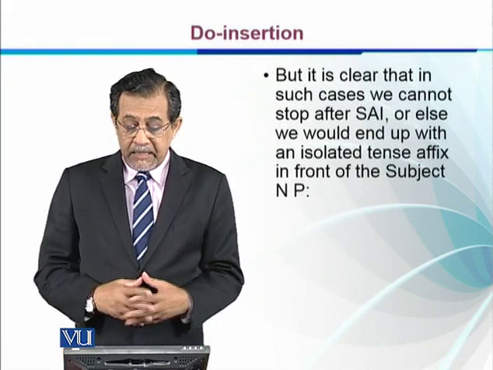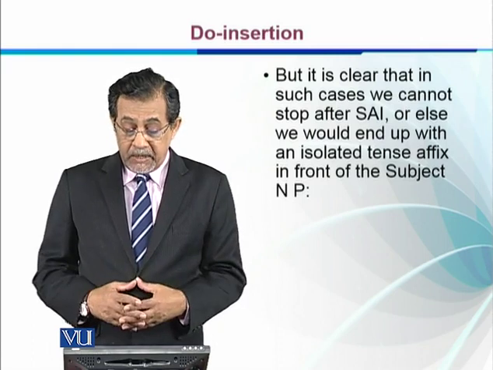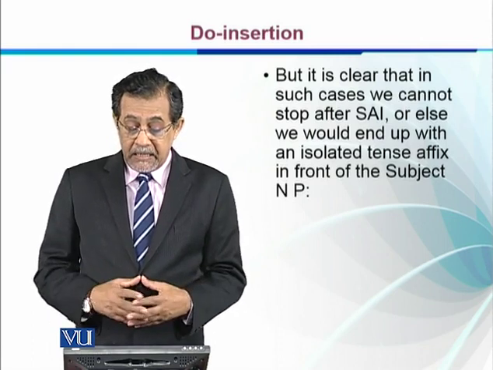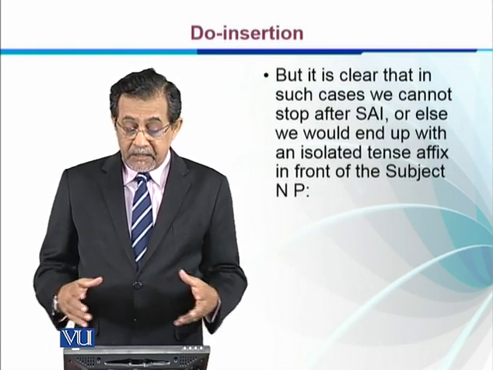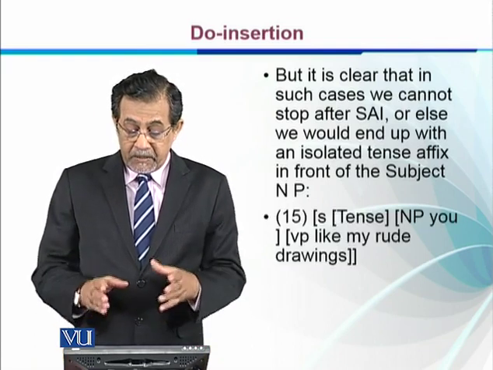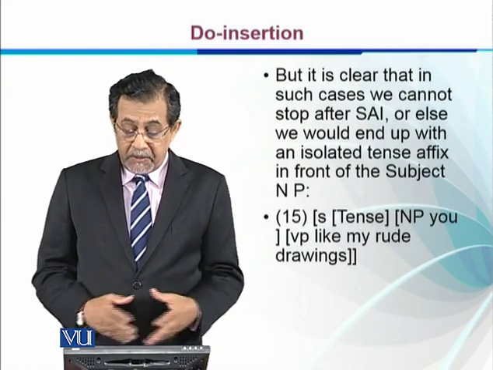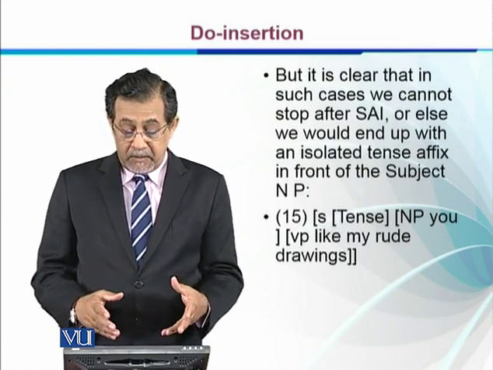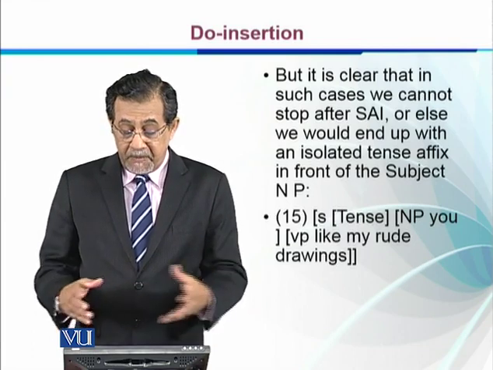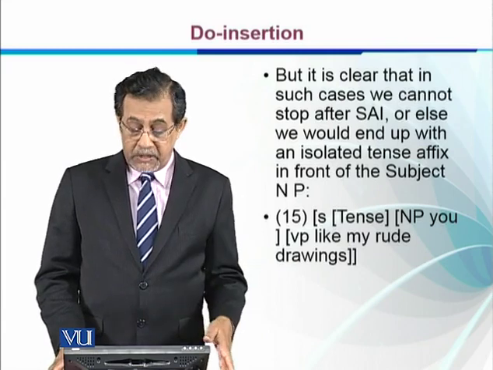But it's clear that in such cases we cannot stop after SAI, or else we would end up with an isolated tense affix in front of the subject noun phrase. So if we bring tense to the beginning, NP, you, which is the subject, and VP like my rude drawings, it won't give us much understanding.